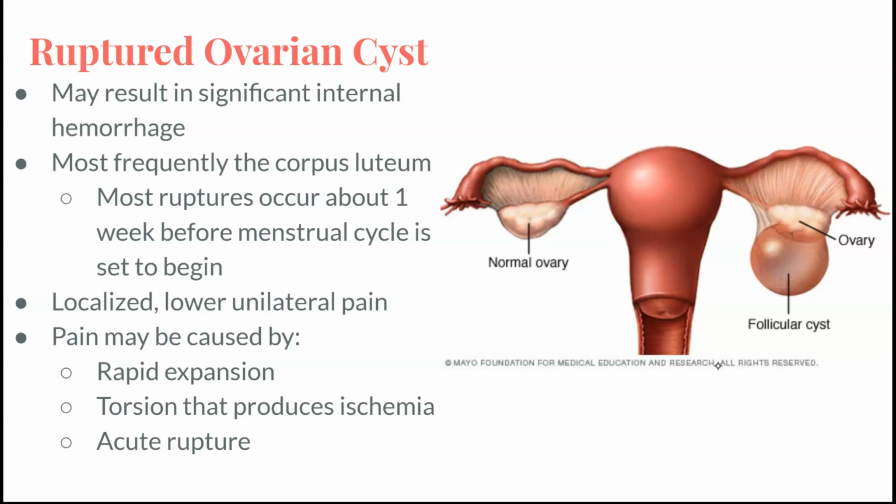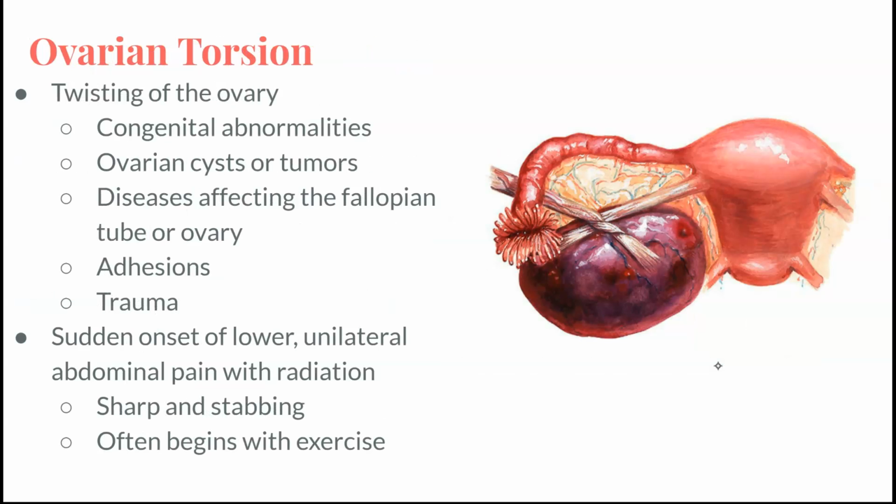It can also cause torsion because of the weight of that cyst. If that cyst ruptures, it can cause extreme pain and significant hemorrhaging, depending on where it's located. So again, this is why we always take lower pelvic unilateral pain very seriously.